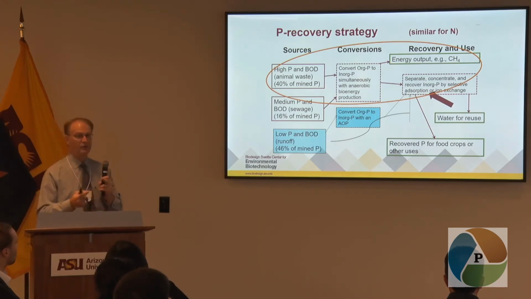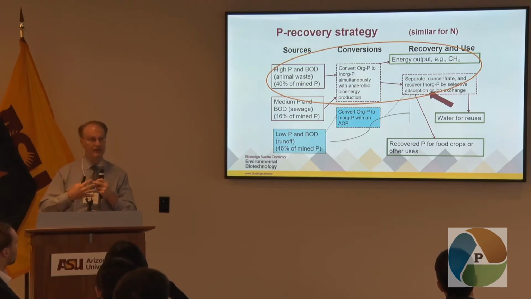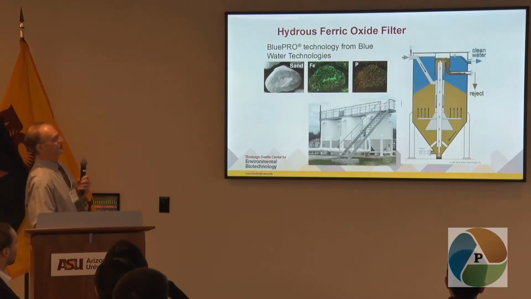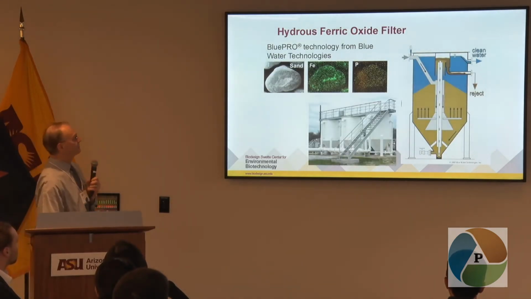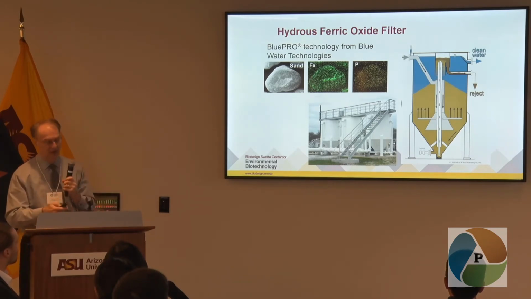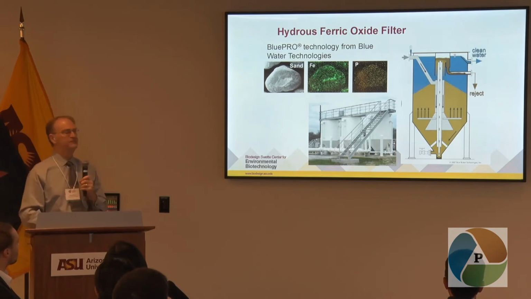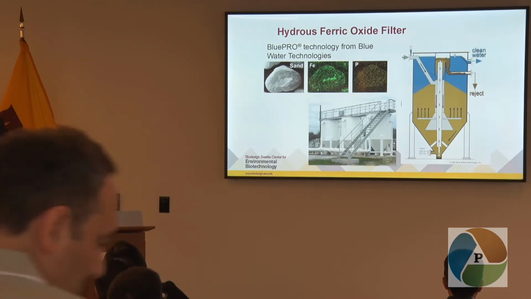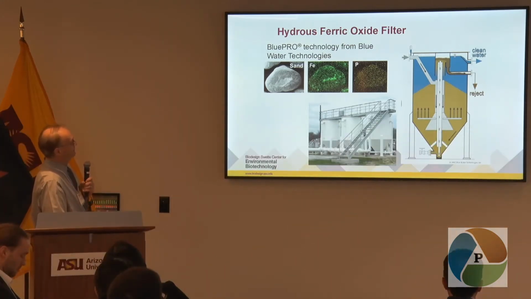In our group, we work a lot with the anaerobic biological treatment, releasing the phosphate, and our favorite approach for our group is to do something where we have what we call selective absorption of it, and there are several ways to do this. I'm just showing one example of this, partly because it has such nice pictures of it, but there are several technologies that are available that are based on the same principle, and that is the selective absorption of phosphate onto iron oxide solids.